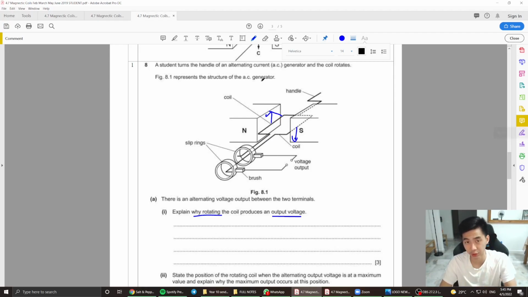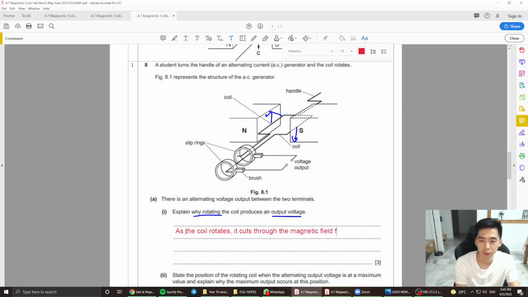So if I were to structure this, I would say something like, as the coil rotates, it cuts through the magnetic field from the magnet, inducing an EMF in the coil, ultimately producing an alternating current in the coil.